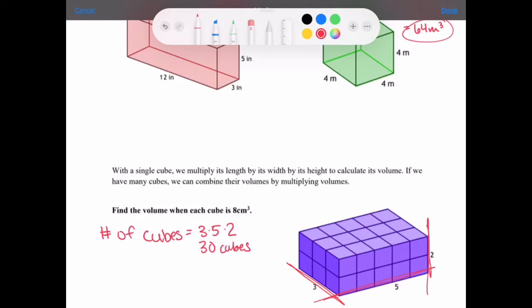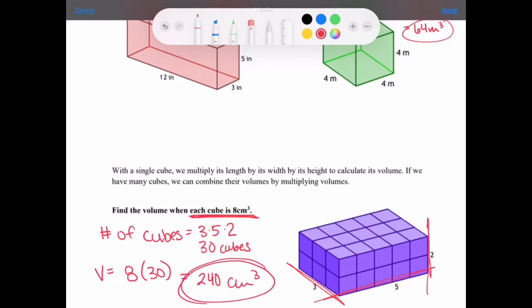Now, it says that the volume of each cube is 8 centimeters cubed. So, volume is going to be the 8 centimeters cubed times 30 cubes. So our total volume is going to be 240 centimeters cubed.